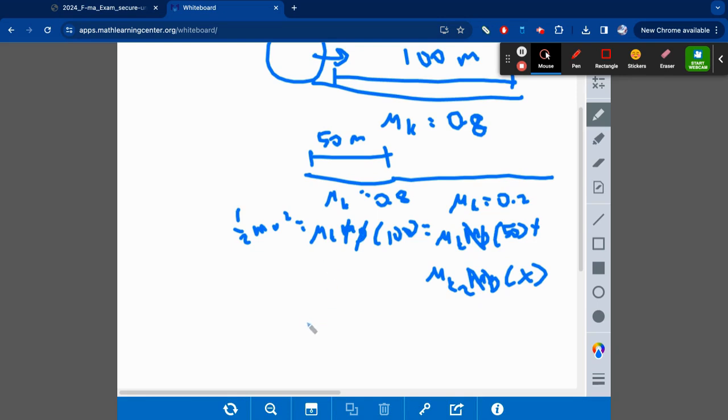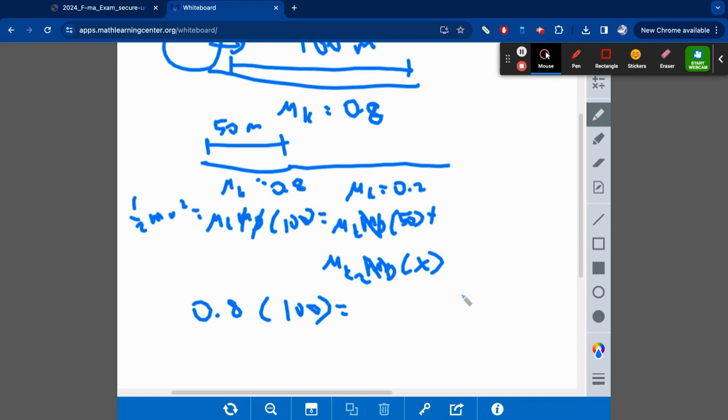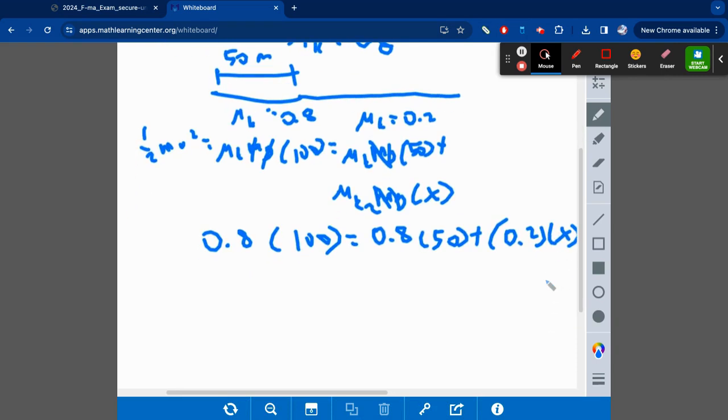So we know that this is 0.8 times 100 equals 0.8 times 50 plus 0.2 times x, which means that 0.8 times 50 equals 0.2x, and so x is 200 meters.